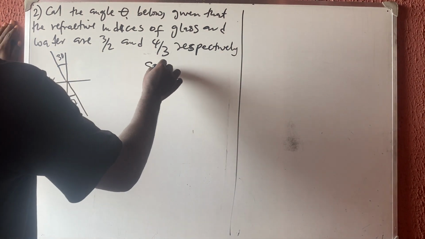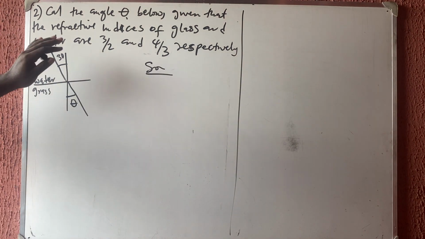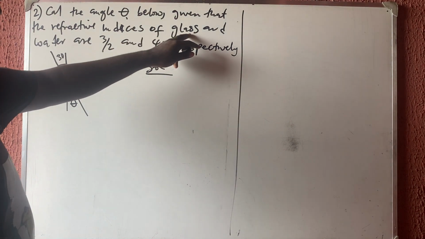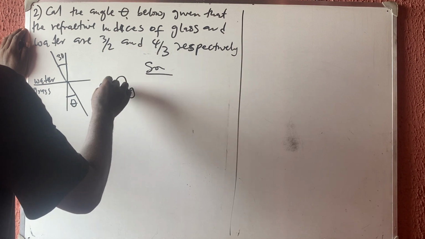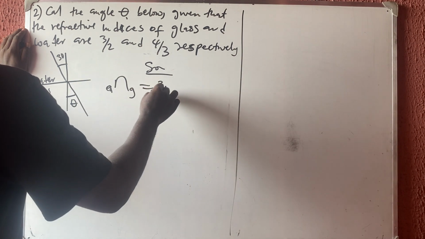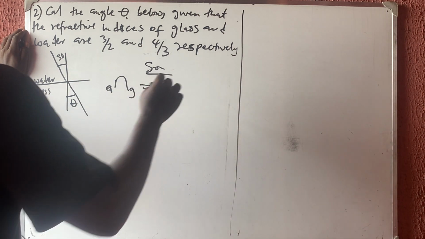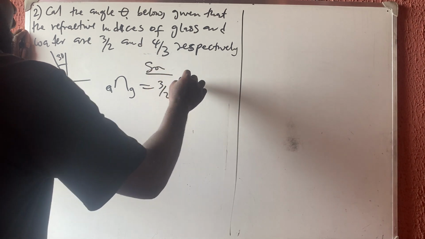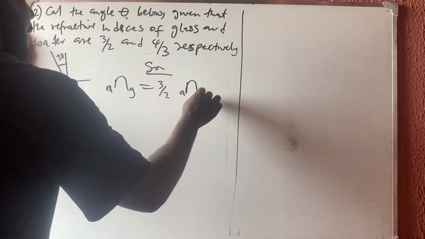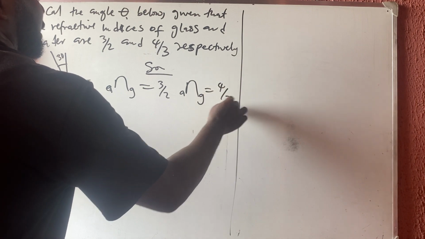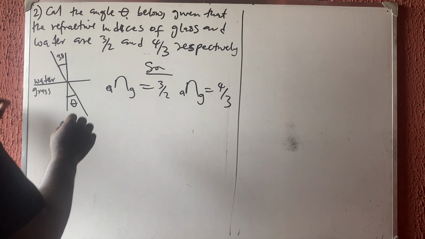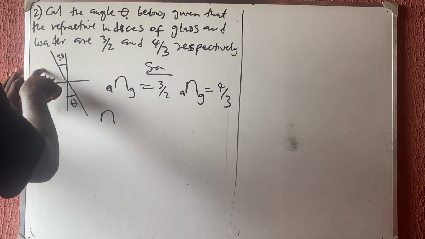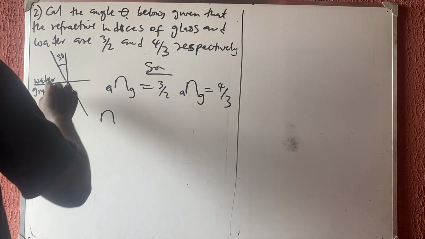So solution, if you use the normal formula: once they say the one of glass is this, you should know that it is coming from air to glass. From air to glass is 3/2, and from air again to water is 4/3. Then we should calculate theta. But before we calculate theta, we need to get from water to glass, since it is coming this way.